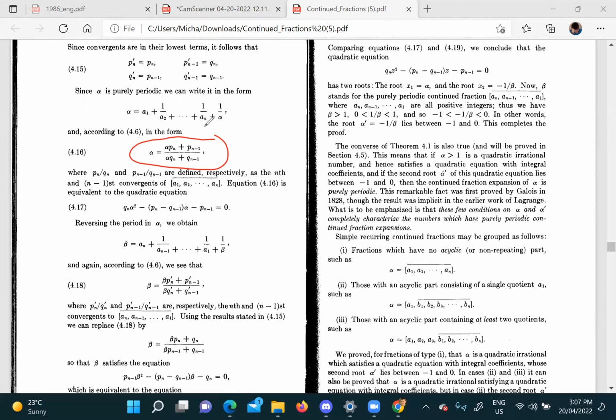Because we only need the nth convergent. Reversal. Basically just clear denominators and you get this.